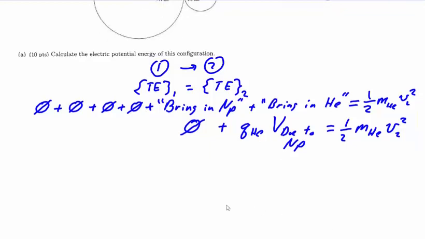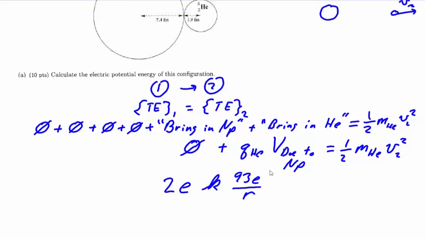So no matter which order we assemble a collection of charges, we always get the right answer for the potential energy. The charge of a helium nucleus, which has 2 protons, is going to be twice the elementary charge E, and the potential due to the neptunium is going to be K times the charge of the neptunium, which is 93 times the elementary charge, divided by some distance r. We're going to need to look closely at our figure to understand what this distance r represents.